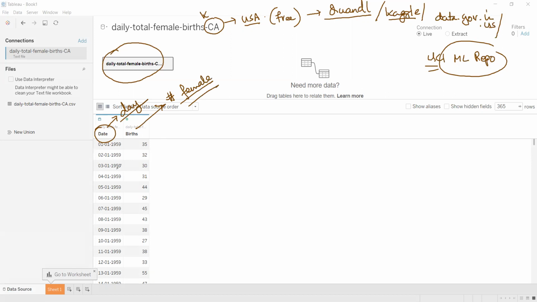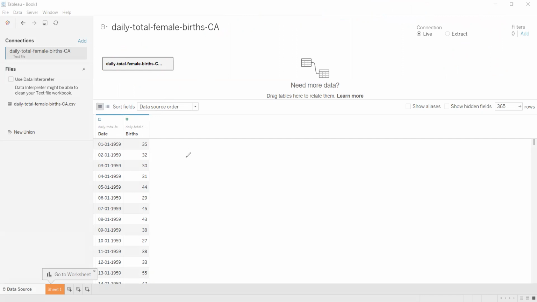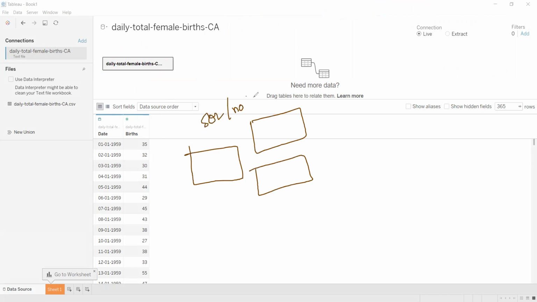In real life, this will not be so easy, friends. Let me quickly tell you what it is going to be in real life. You'll have 2 or 3 tables in some SQL database, or some NoSQL kind of database, or maybe it is there in big data platforms like Hadoop distributed file system, or in the cloud like AWS S3 or Google Cloud Storage and so on.